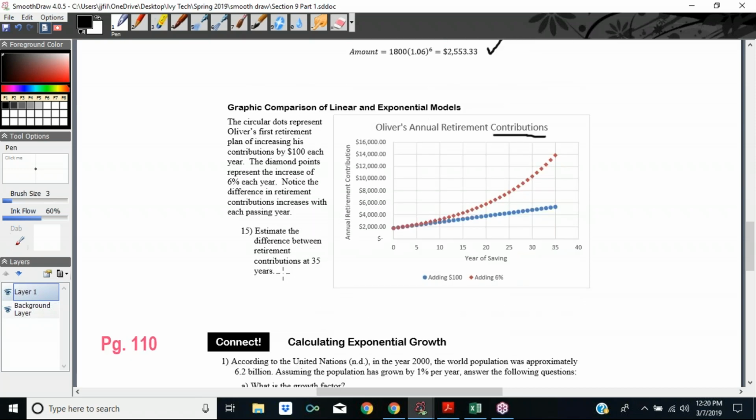The first number, 15, says estimate the difference between the contributions at 35 years. At 35 years, this looks like about 14,000 minus this one here, probably close to 5,800. We're not going to necessarily have to calculate that exactly.